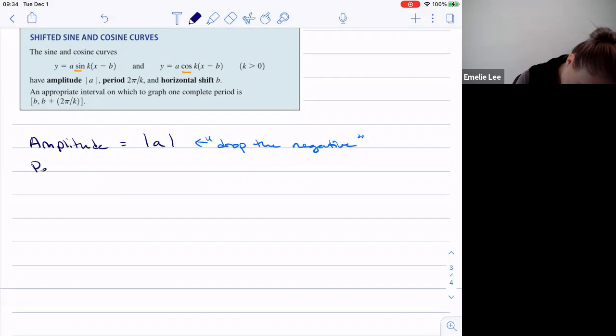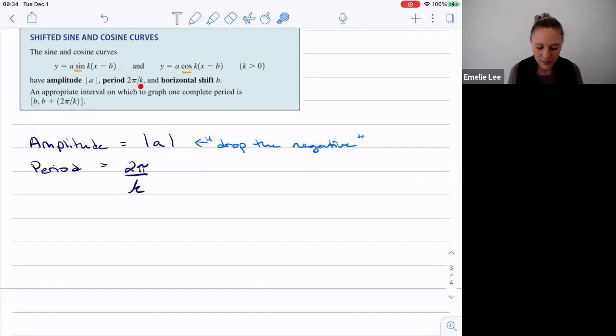The period is 2 pi over k. Now that's a little bit weird, right? It's going to be 2 pi over k, where k gets pulled from how we've arranged our sine and cosine functions. It's just multiplying our x minus b. Notice that x has to be alone.